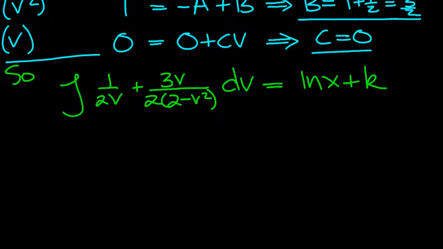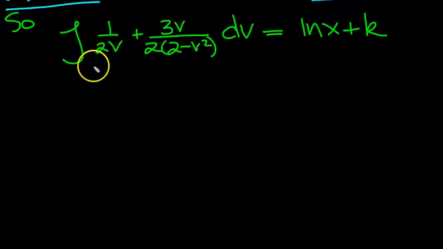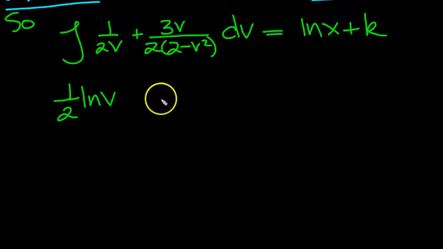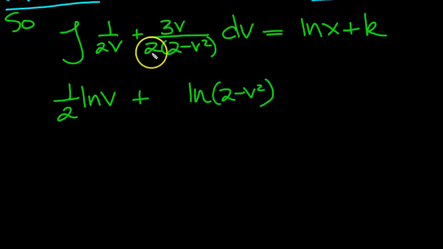So it's one more step now. Here this is half ln v, plus, now we're going to have ln of 2 minus v squared, and we've got to worry about juggling the constant, haven't we? This is log of something. Log of something differentiates to 1 over something, so that's taken care of there, multiplied by the something differentiated, which will be a minus 2v.